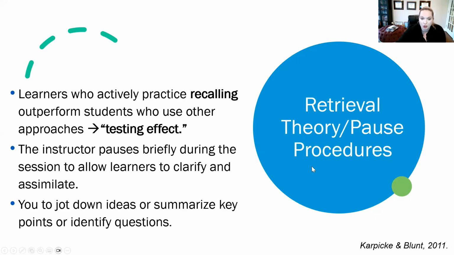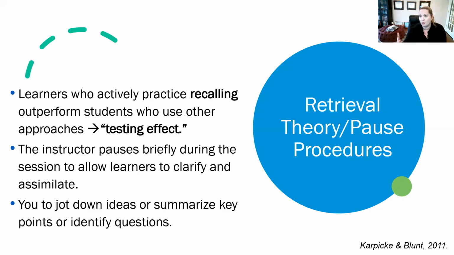So the instructor pauses briefly during the session to allow learners to clarify and assimilate. You're able to jot down ideas or summarize key points or identify questions. Then, one of the ways that we think about doing this is potentially in a periodic pauses, quote unquote, lecture format where there may be 12 to 15 minutes of lecture, and then you wait for a couple of minutes.